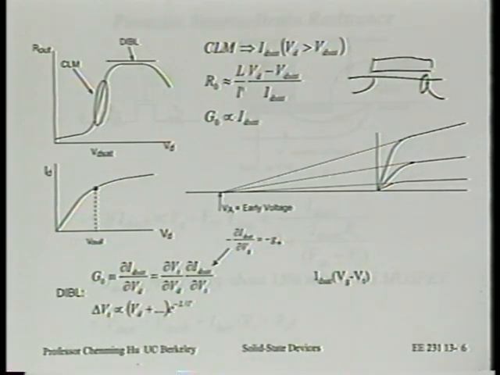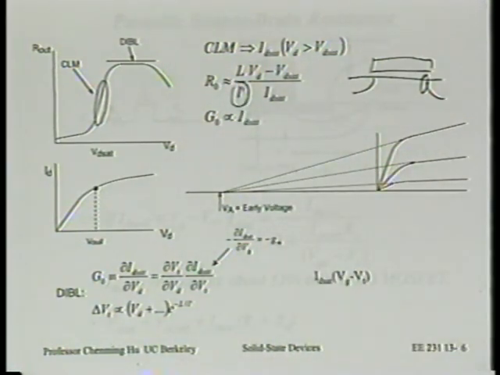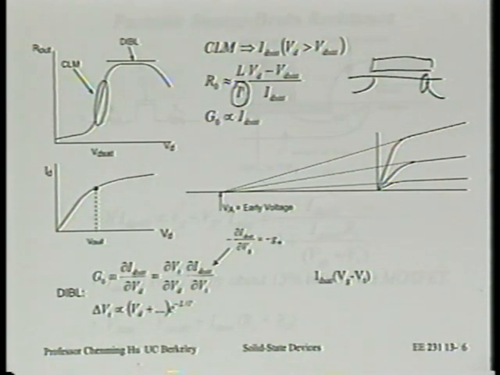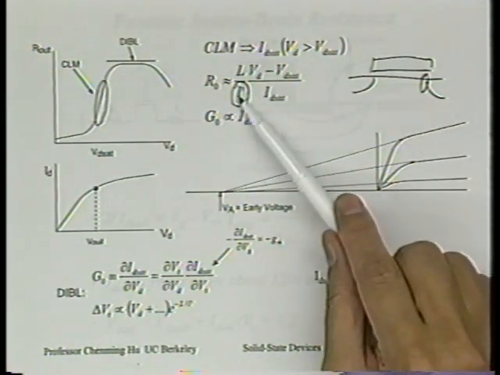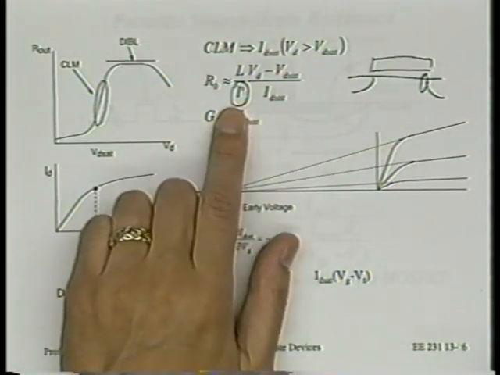Second, this is probably the most important conclusion from this model: you want L prime to be small. Does that make sense? Sure, because delta L is proportional to L prime. Remember what we just did two slides ago, delta L, the pinch-off region length, is proportional to L prime.